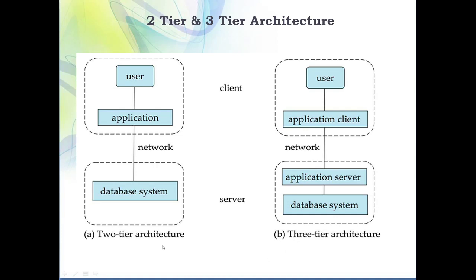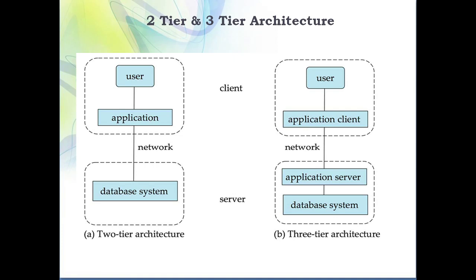So first we understand how two-tier architecture works. Here you can see that the user is present on top of the layer. Now suppose the user wants to access a database. So how will the user access a database? By using any application program. That application program may be developed using Java, or .NET, or any other programming language.